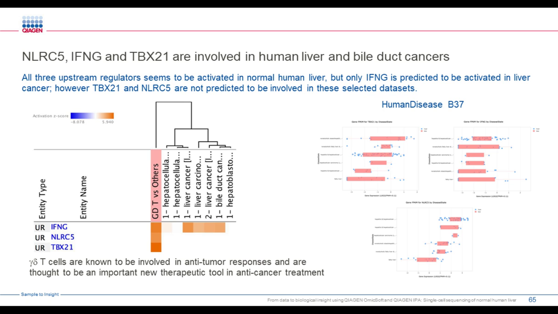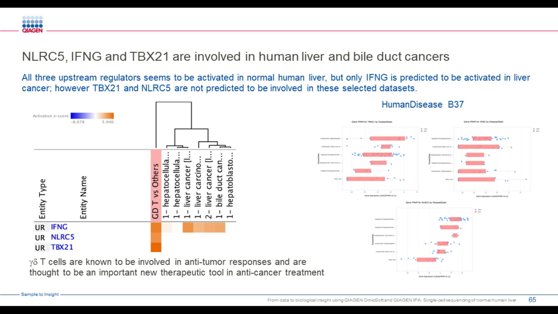But NLRC5 and TBX21 are not predicted to be activated, and they are not even present, apparently, in these liver cancers and bile duct cancers. That tells us, as a hypothesis that needs to be validated, that to fight this type of disease you will need all three components predicted to be activated to make it work. When you have only one, well, cancer is still there.